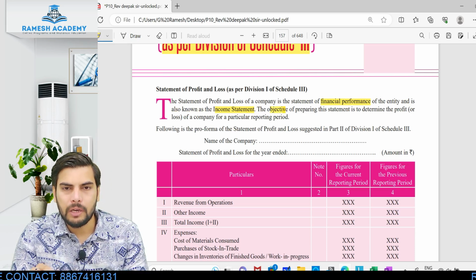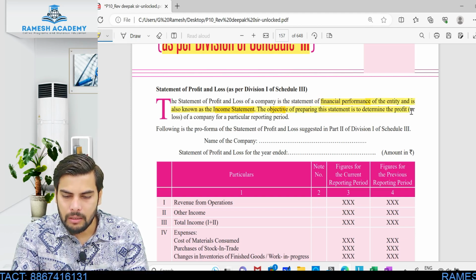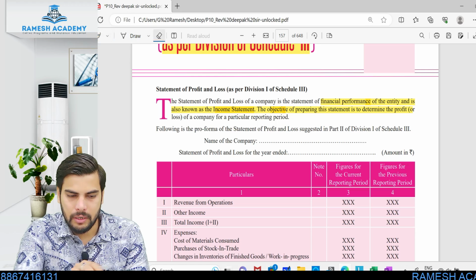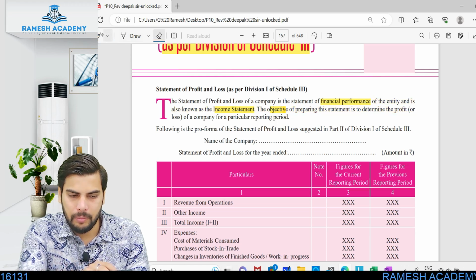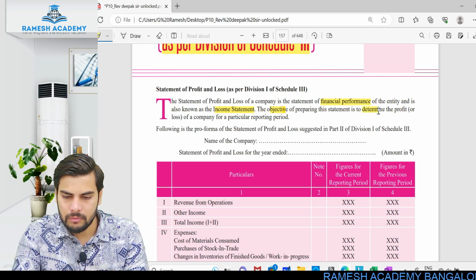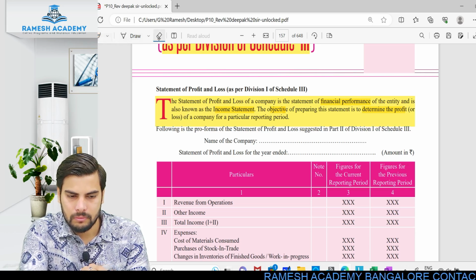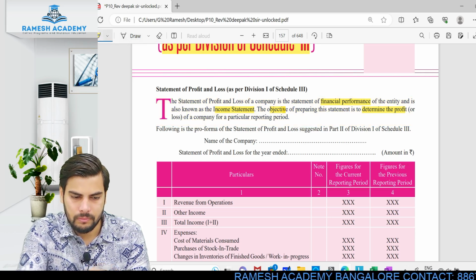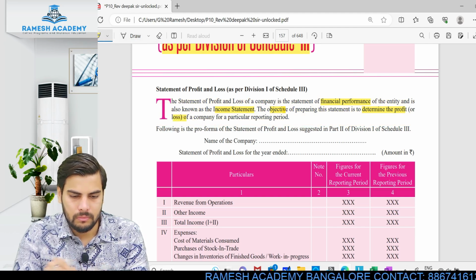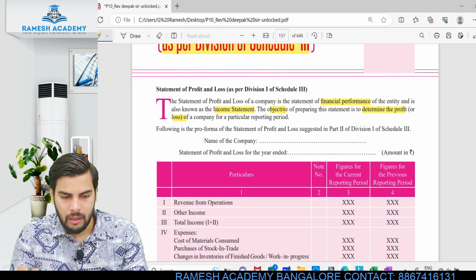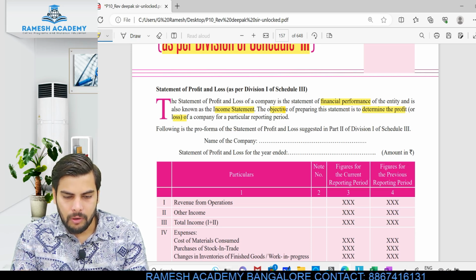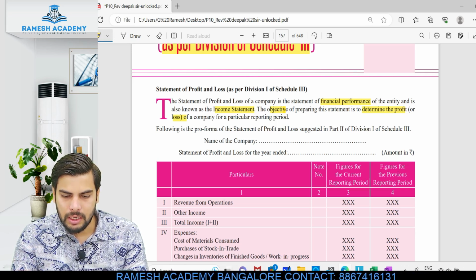The main objective behind preparing this is to determine whether the business entity is making profit or loss. Clear? Okay, so following is the pro forma of the statement of P&L account suggested in part 2.